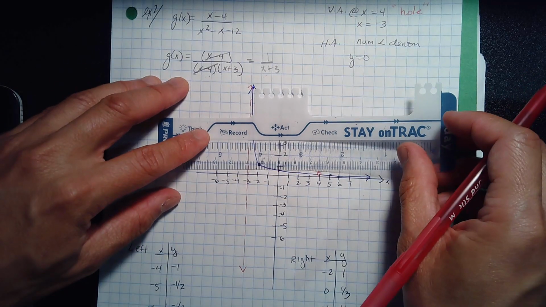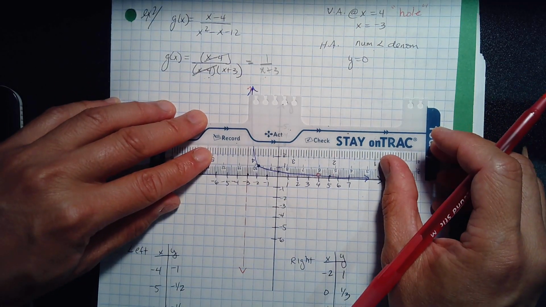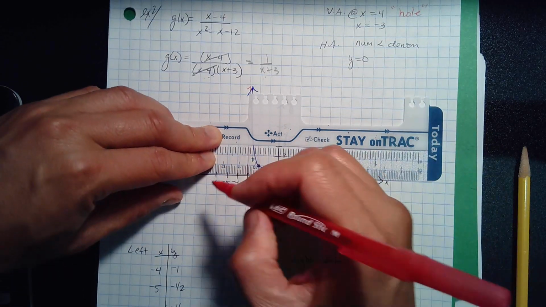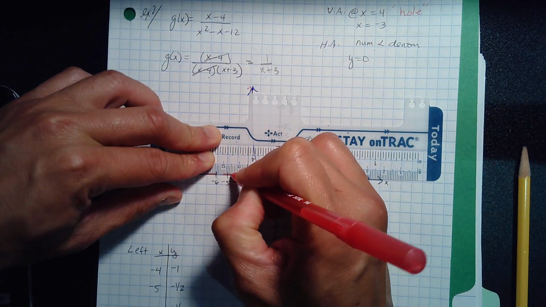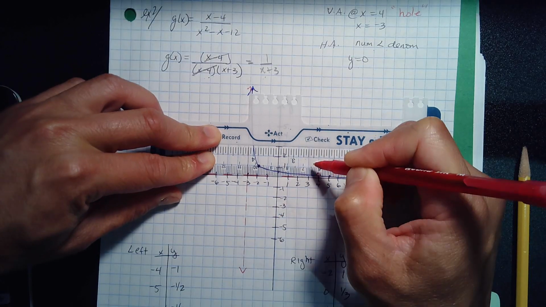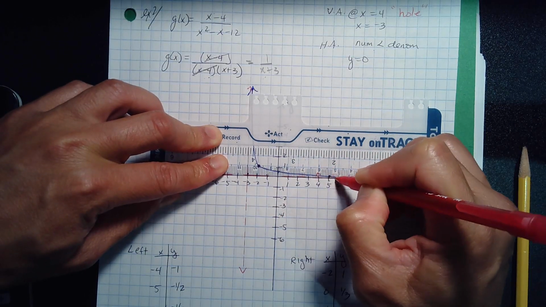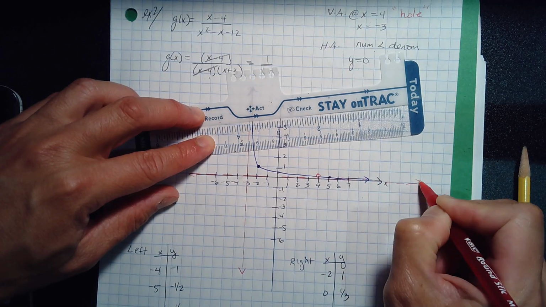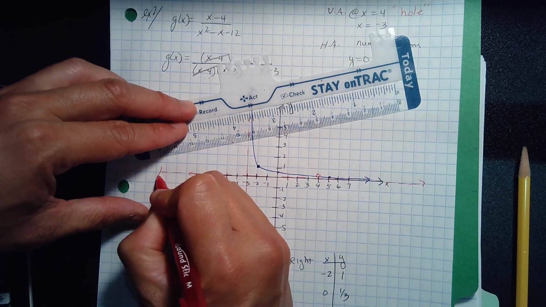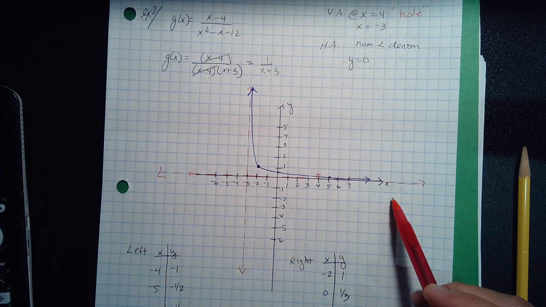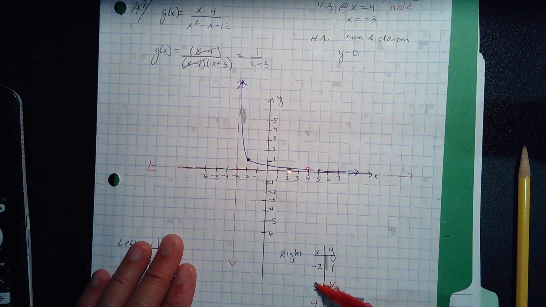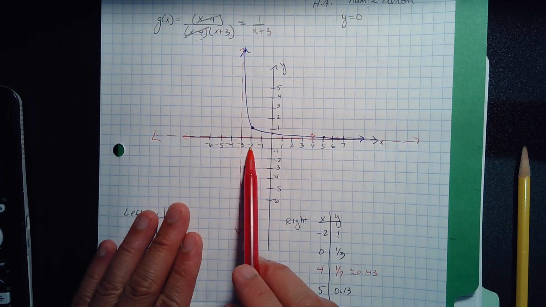Now let me draw the horizontal asymptote, because that's what we should have done earlier. And you might not be able to see this because that was part of our XY axis. Okay. So here's our horizontal asymptote, our vertical asymptote. We graph what was on the right. Negative 2, negative 1.